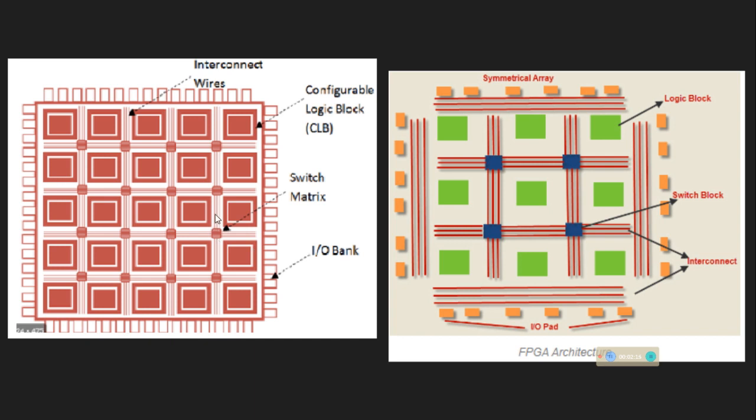These are called the switch matrix, which takes care of the switching operations, deciding which CLB has to be given priority during a particular time. And the outer pins are called the IO bank, which are utilized in case any peripheral component is going to be connected. This is going to be a symmetrical array. This IO bank can otherwise be referred to as an IO pad.